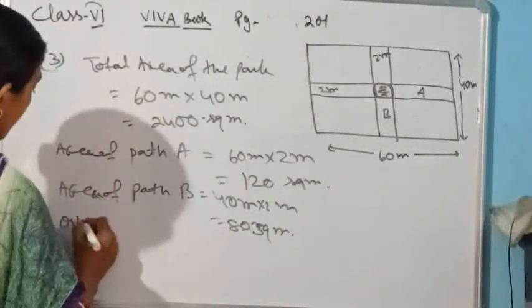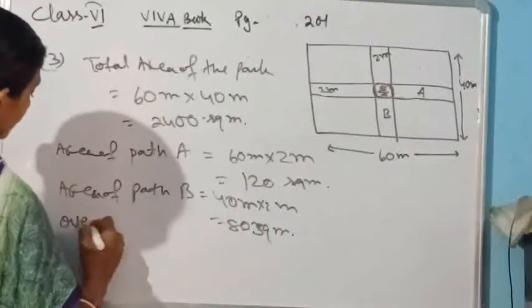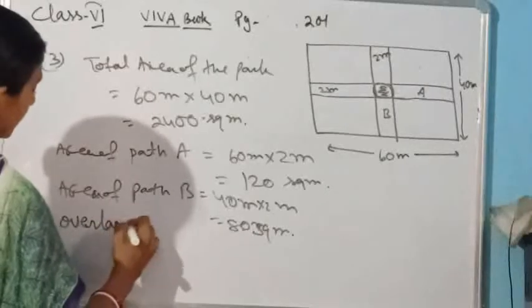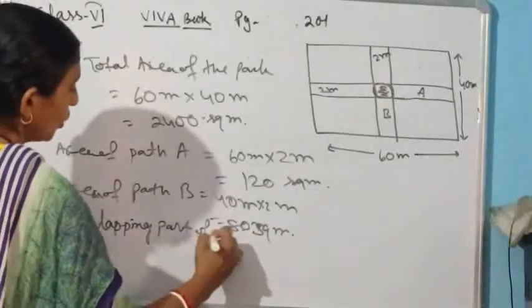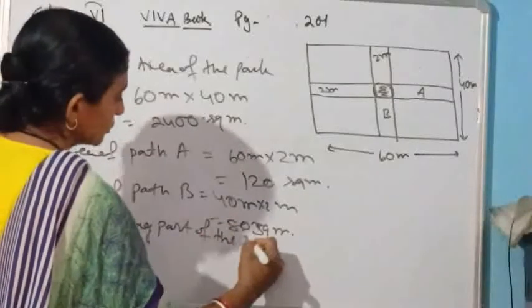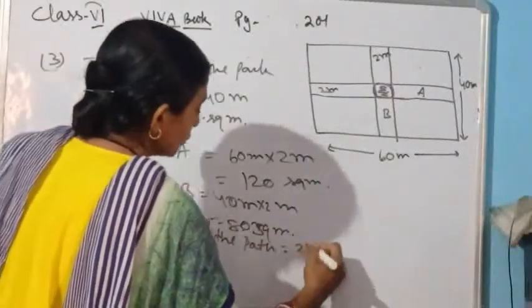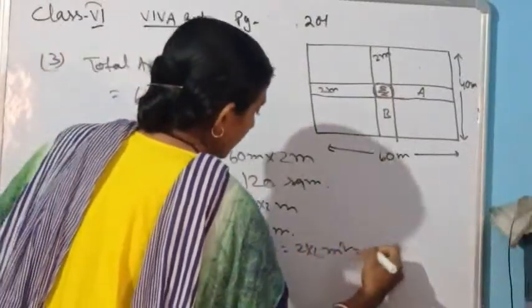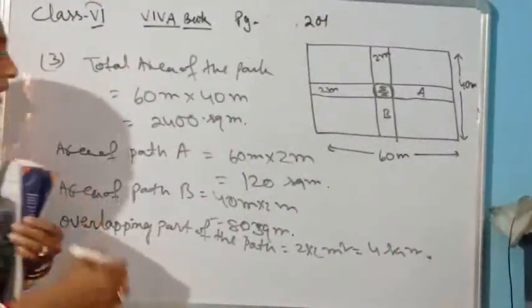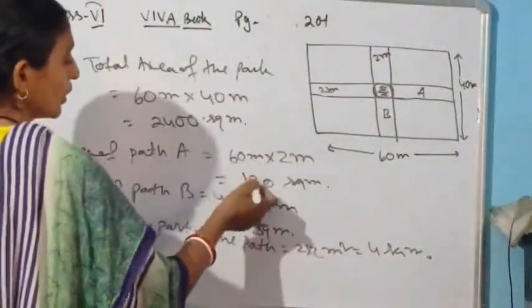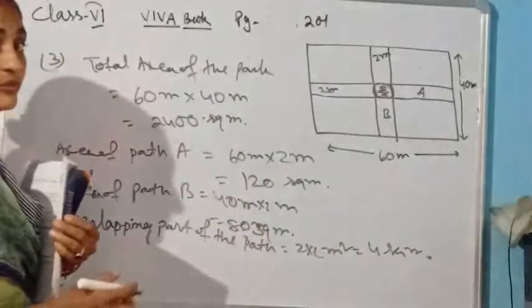So the overlapping part of the path is equal to what? 2 into 2 meter square, that means 4 square meter. I am going to remove this from the total area of the path.